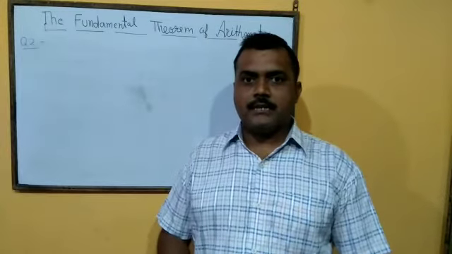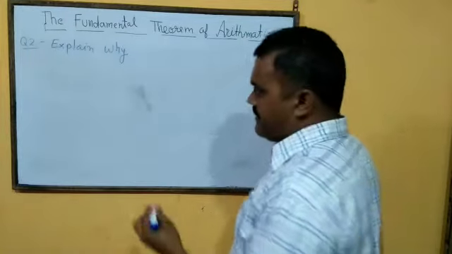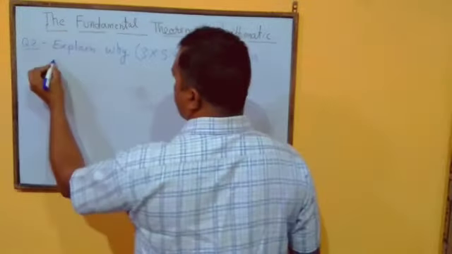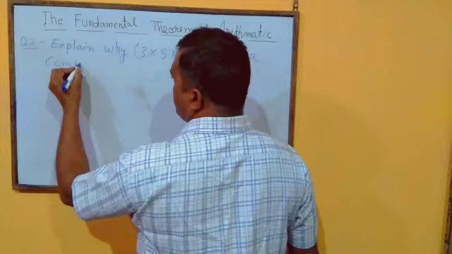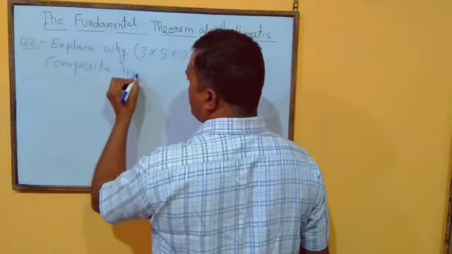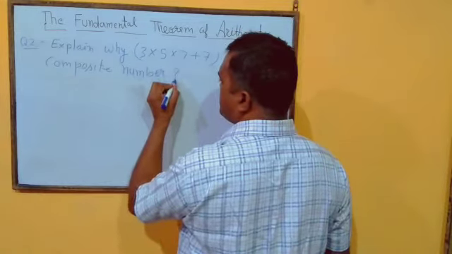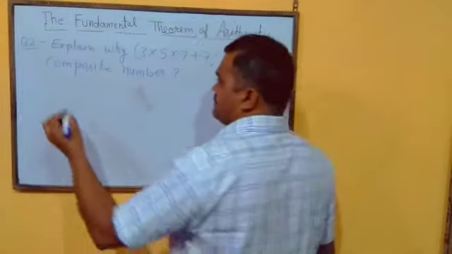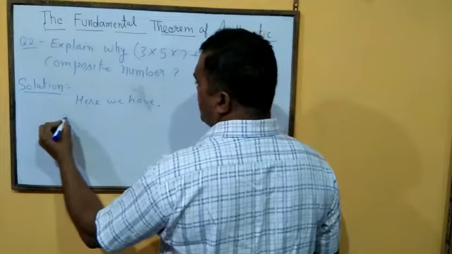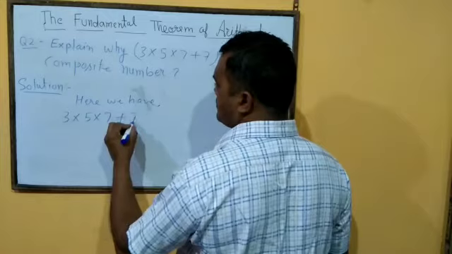So now we'll take another question. The question is: explain why 3 into 5 into 7 plus 7 is a composite number. Let us see the solution. Here we have 3 multiplied by 5 multiplied by 7 plus 7.